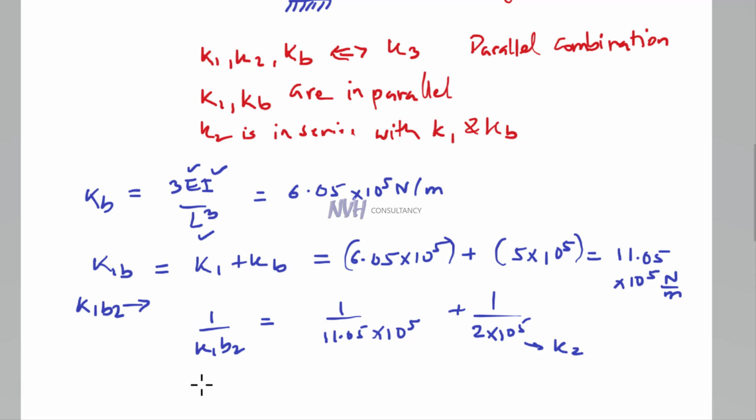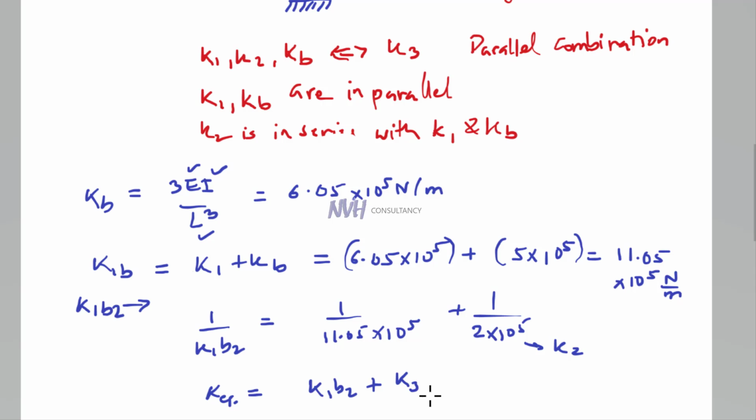Now similarly you need to find the equivalent of the system of springs below the mass. So that's going to be K3. K3 value is known. So K equivalent then is equal to K1B2 plus K3.